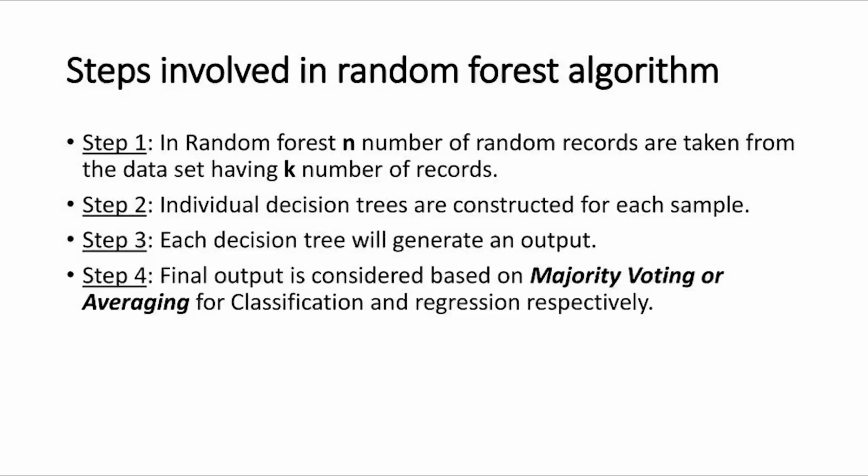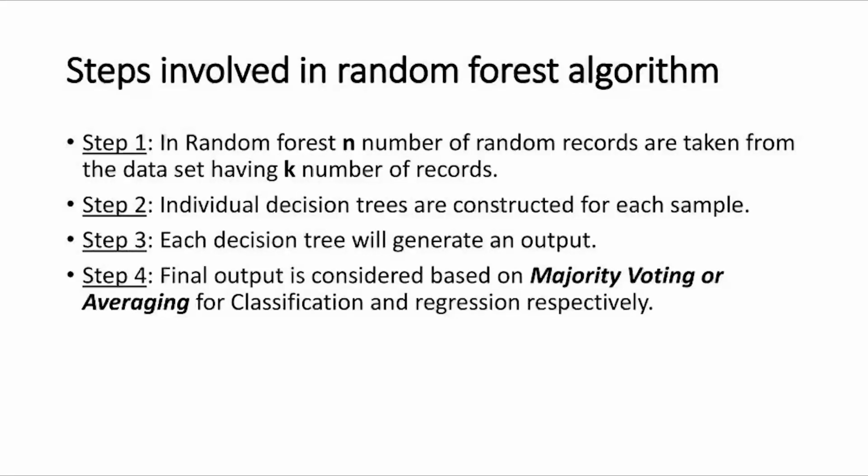For example, suppose we have a data set of about 10,000 records. For this example, we will train 10 small models, be those decision trees, on 1,000 records each, randomly selected from those 10,000 records. Each decision tree will be trained on 1,000 records, and suppose we take it as a classification problem.